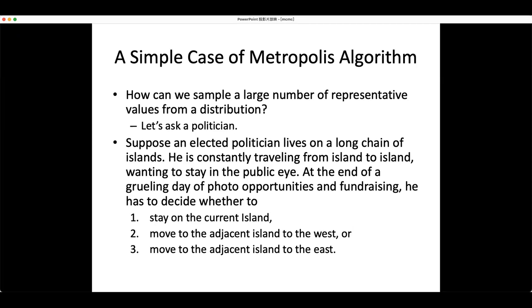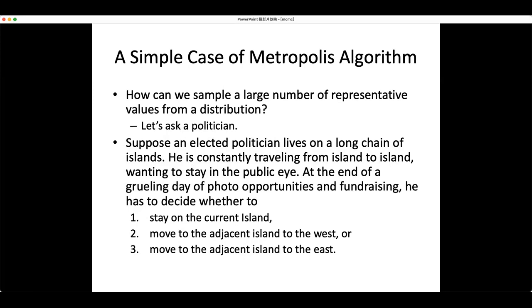So we can ask such a question to a politician. What do we mean? Let's suppose an elected politician lives on a long chain of islands. We assume his territory is a long chain of islands.